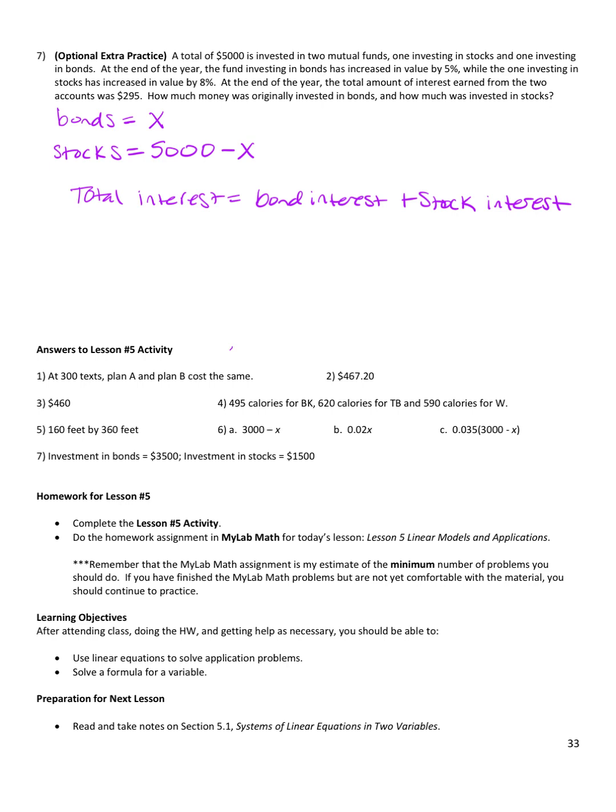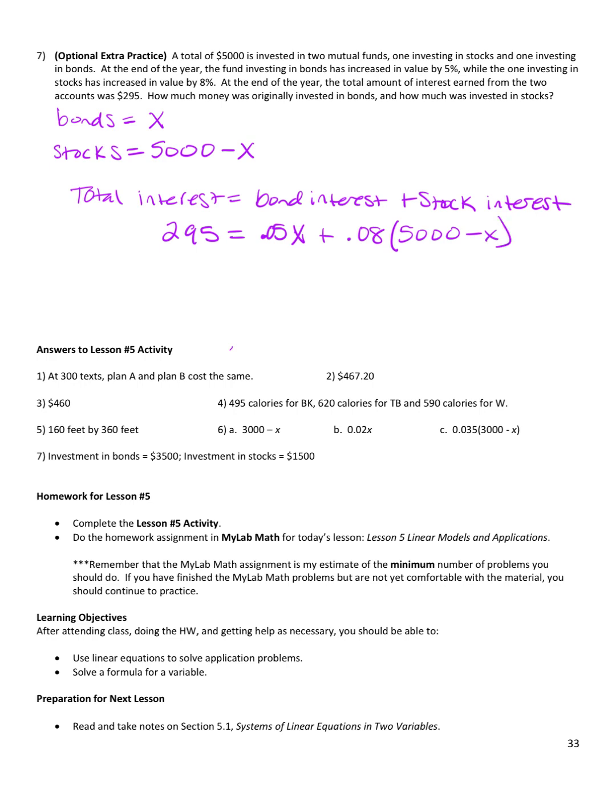So we know the total interest is $295. Our bonds made 5% interest. So we take 0.05 and we multiply by the amount of money we had in bonds. And then our stocks make 8% interest. So we take 0.08, 8% interest, multiply by the amount of money we invested in there, 5,000 minus X.